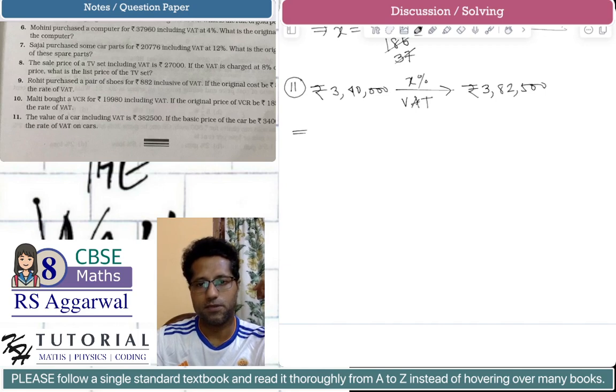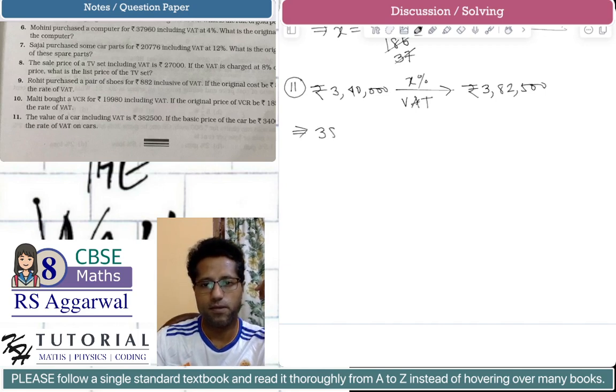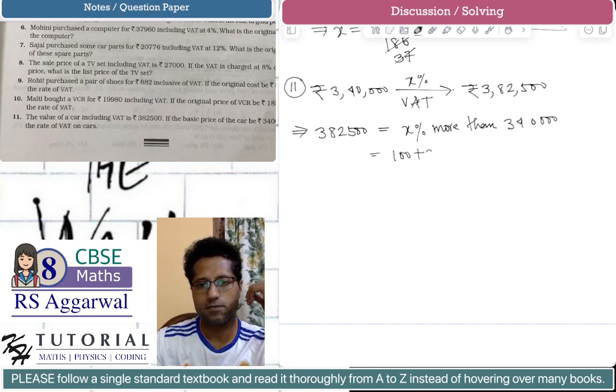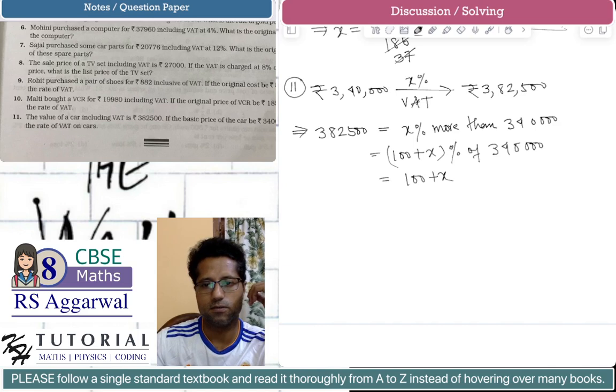So from this picture we can say that 382,500 is equal to X percent more than 340,000. Now X percent more means 100 plus X percent of 340,000. This is equal to 100 plus X divided by 100 whole multiplied by 340,000.